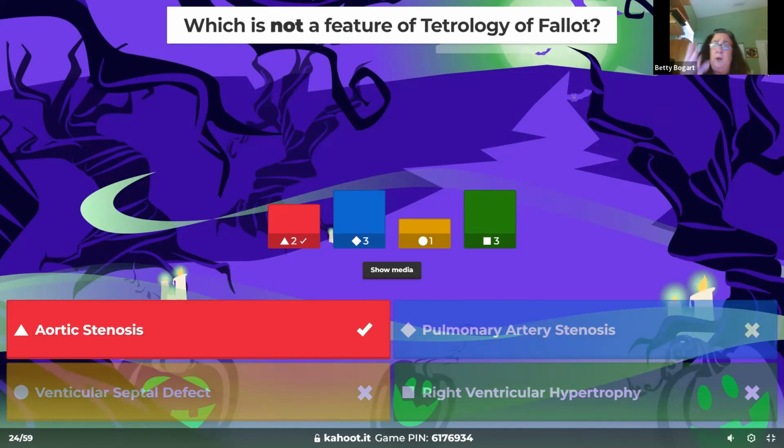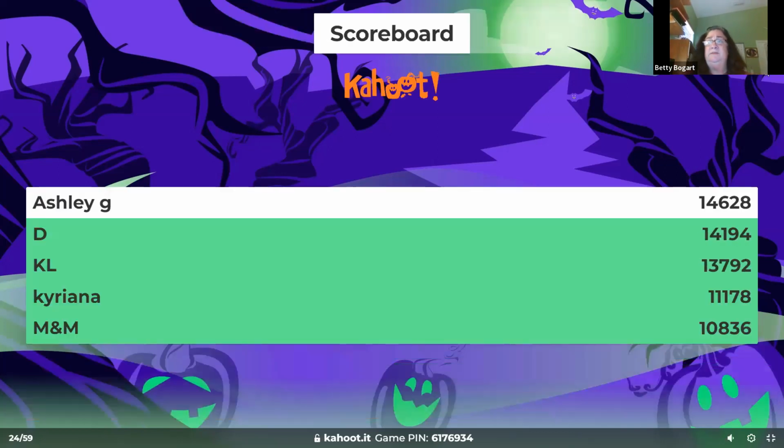The pulmonary artery has something with it where blood can't get up there. And because that blood can't go up, it stretches the right ventricle. That's what we call hypertrophy. And in the 4th feature, the aorta sort of pulls over a little bit onto the right side because of this VSD that's there. So tetralogy is all right-sided and it is cyanotic.